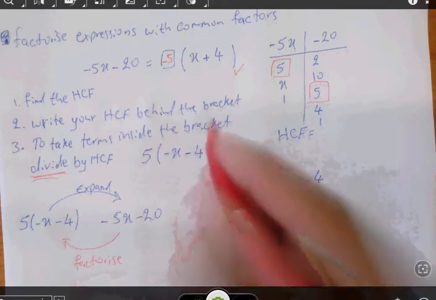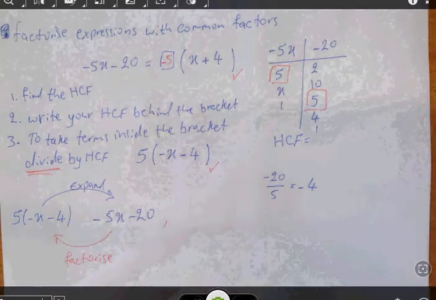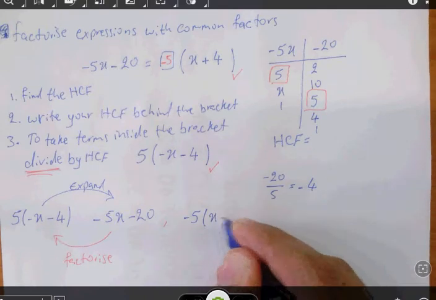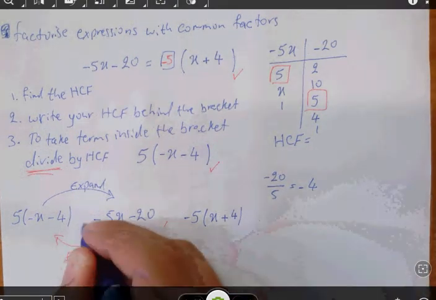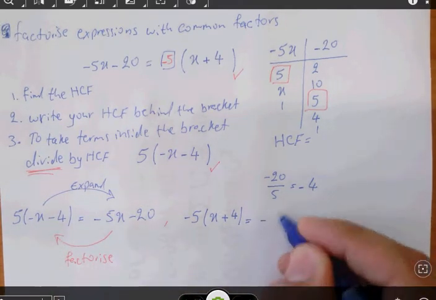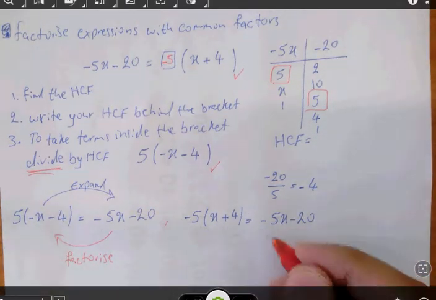And both are correct. That's why I can write one of them, that's fine. And the other form, again, same deal. I can write this one as well, negative 5 times x plus 4. Over here I have an equal sign, minus 5x minus 20. Now, this is factorized.